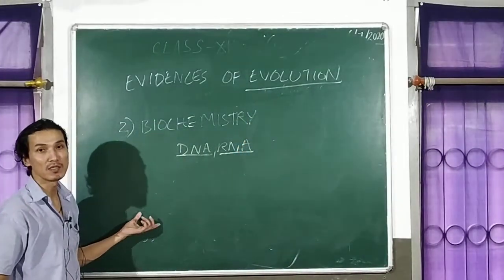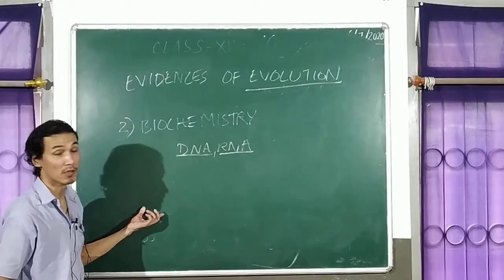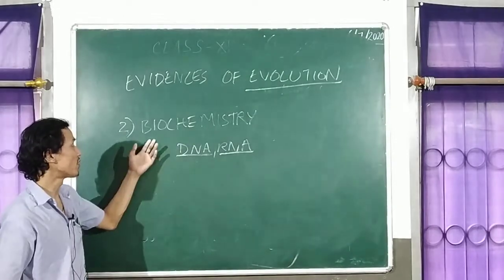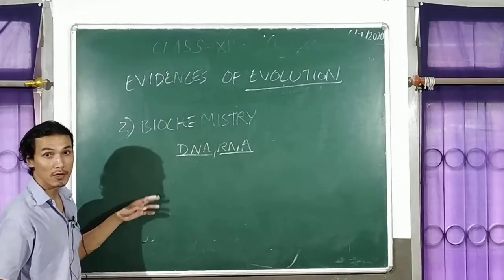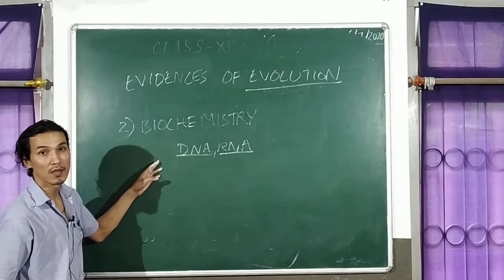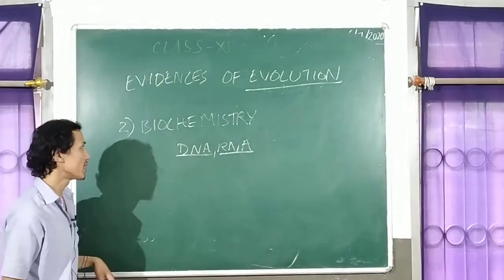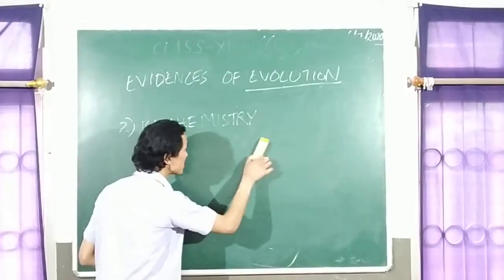So basically what it means is we all have the same common ancestor which led to the diversity of life. Another example of biochemistry can be the study of molecules or compounds present in the blood. It can be either hemoglobin or hemocyanin. Basically, hemoglobin is common amongst various animals.